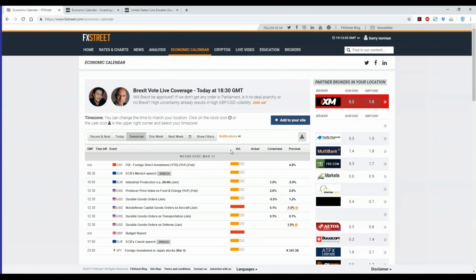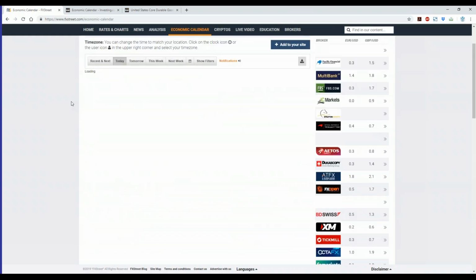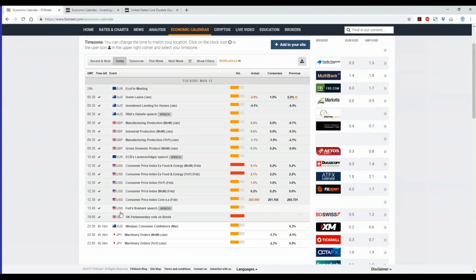There is data like a central bank speech or the Brexit vote, which doesn't have a rating. The Brexit vote tonight is very, very important, so it's a high level of data, but it doesn't have a rating, so to speak, because it's a one-time event. But we can see it's on the calendar.